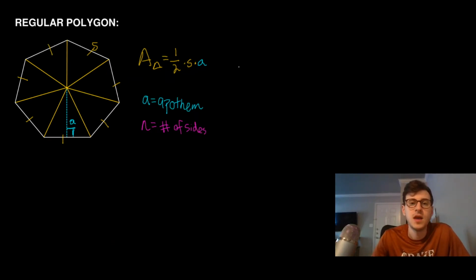That means the area of my polygon is equal to n times the area of my triangle.